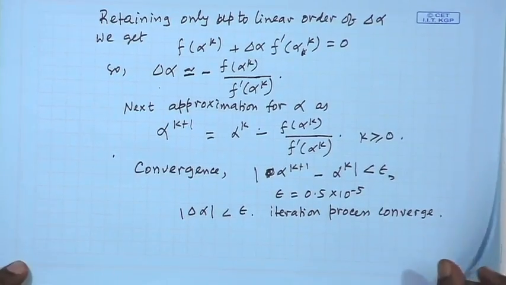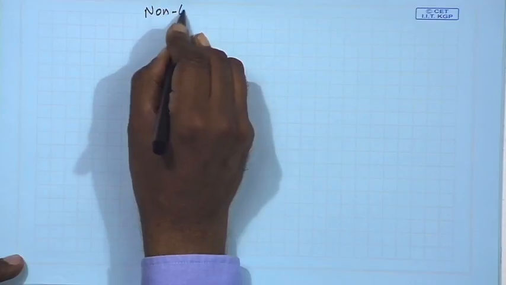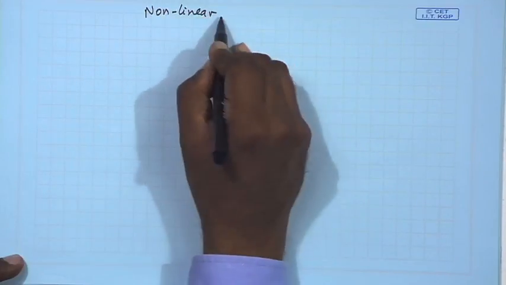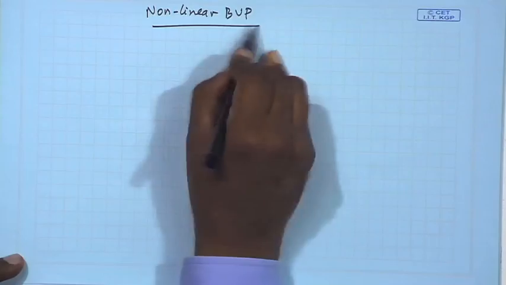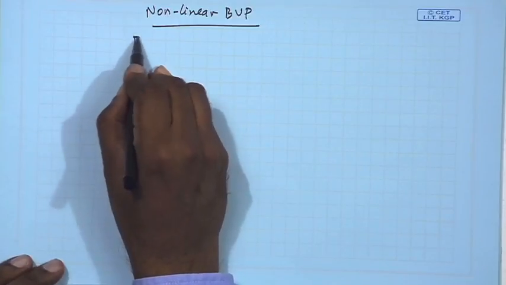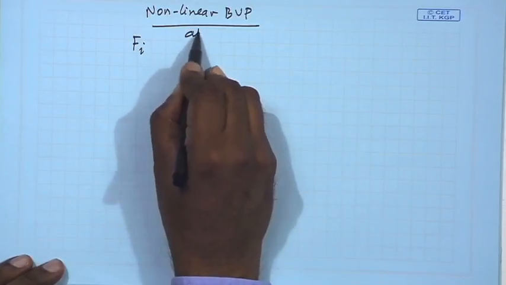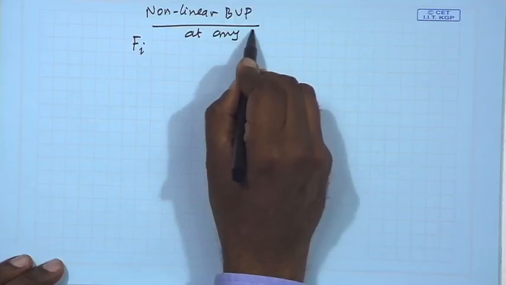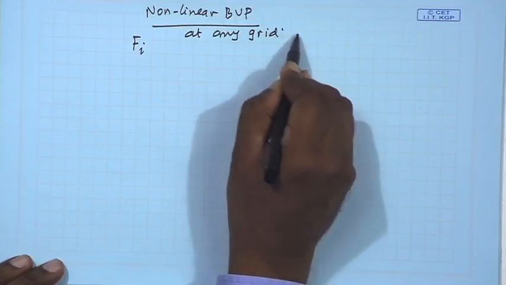So, for the nonlinear boundary value problem, we go back to our nonlinear case. We have phi at any grid point xi.